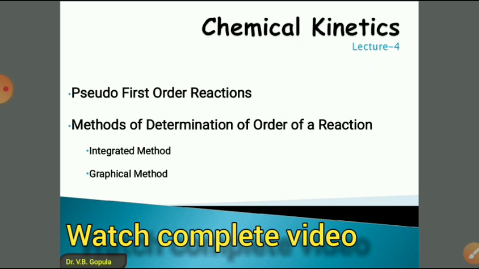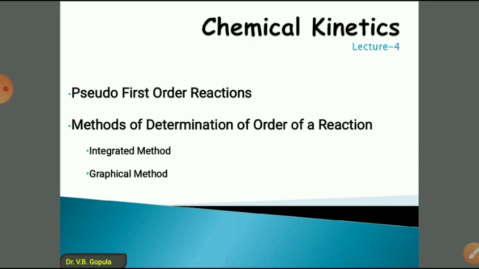Students, in this lecture number 4 on chemical kinetics, we are going to focus on pseudo first order reactions and methods of determination of order of reaction, in which we are going to study today the graphical method and integration method. Without wasting any more time, let's start today's lecture.